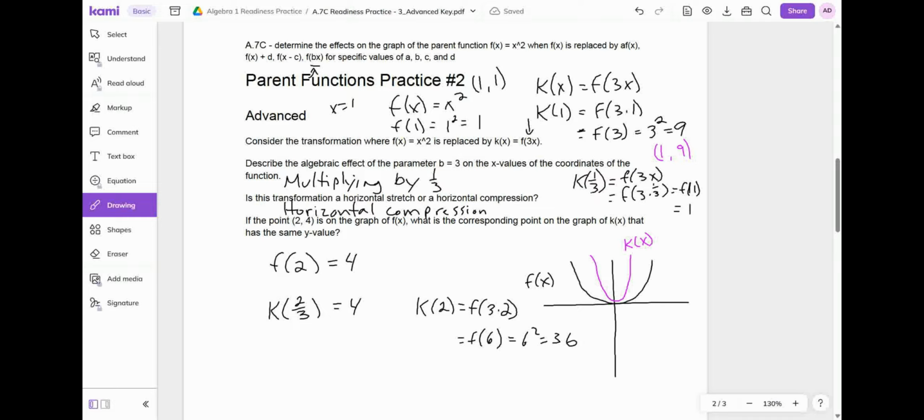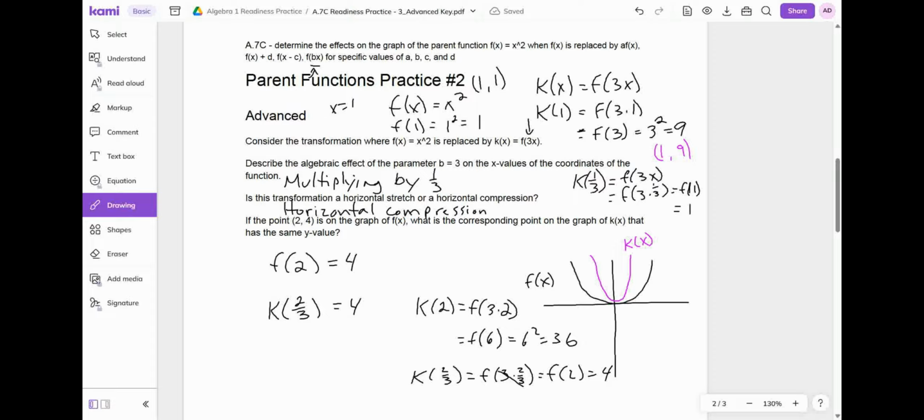If you take that 2/3, you're going to end up getting this. Watch, we're going to say k of 2/3 equals f of, remember we have to multiply by 3 times 2/3. Well, you see the 3's cancel out, so now we've got f of 2, which equals your 4, because you have to square it at the end.